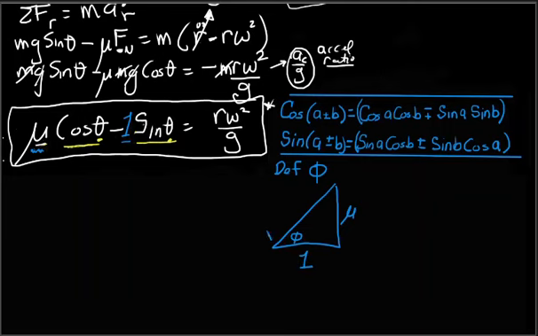And this side we'll call R, which is the square root of 1 plus mu squared.